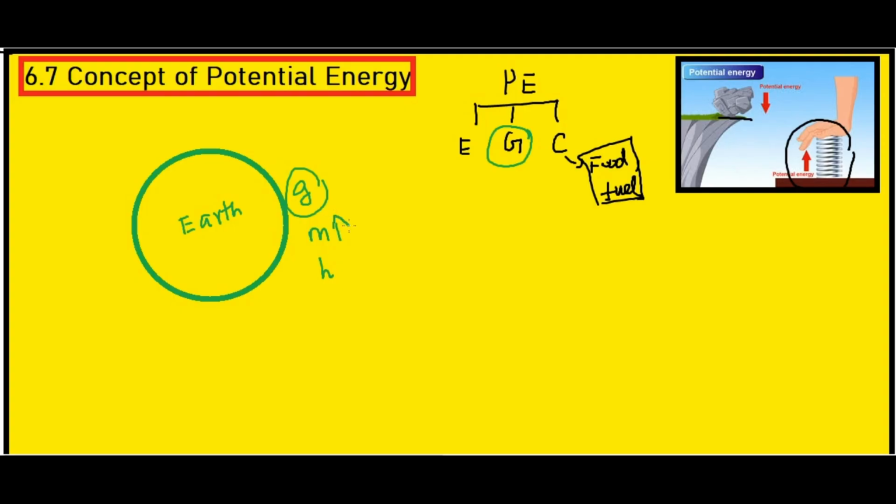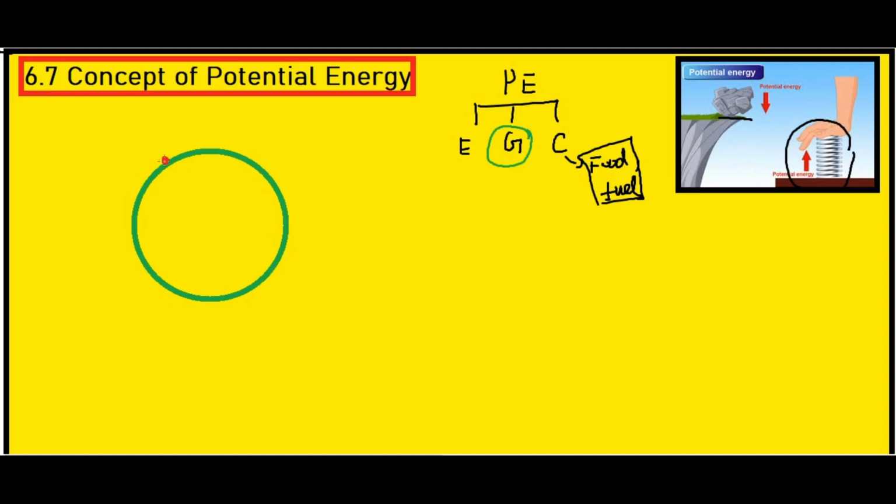The greater the mass, the greater the gravitational potential energy. Similar is the case with the height. An object at a higher elevation, like the rock you are seeing here, will have greater gravitational energy stored in it.